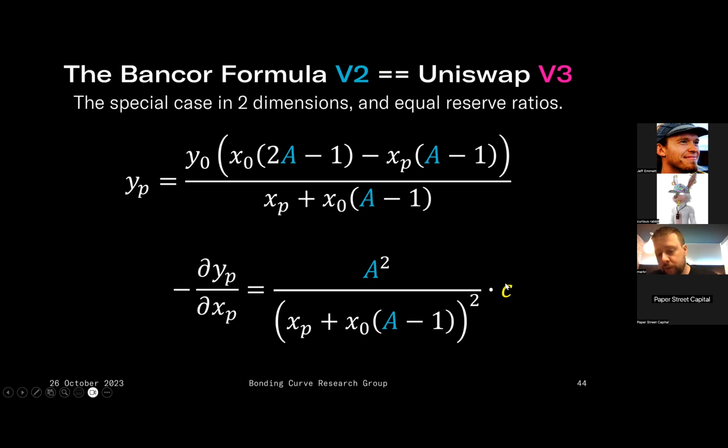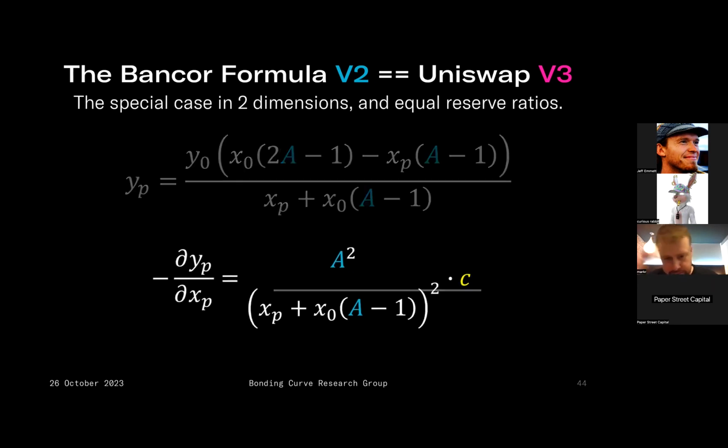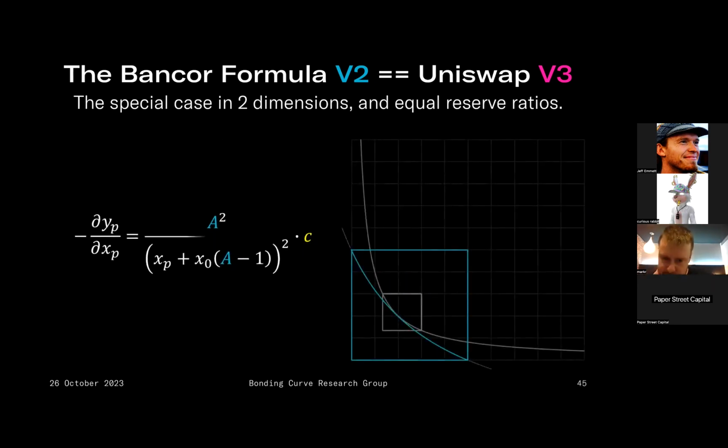So 1 over x squared times c is the familiar marginal price equation, one of the familiar marginal price equations from Uniswap V2 and Uniswap V1. To have it presented this way is deeply satisfying, in the sense that even though we're in this exotic, amplified liquidity space, the same sorts of equations continue popping up.